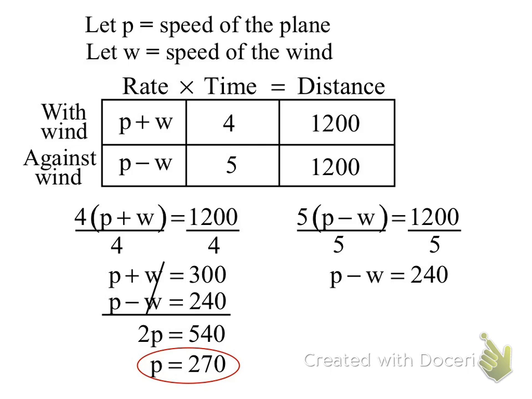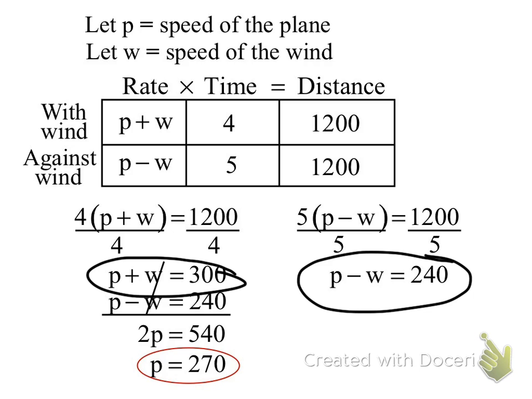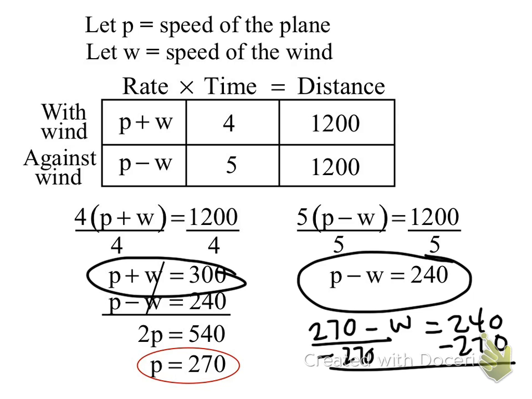Can I just use this equation here, or this equation here, because it should be equivalent. So if I substitute in for R, 270 minus W equals 240. Then I'm subtracting 270. I'm left with negative W equals negative 30. So W equals 30. What does that mean? Carlos? Yeah, the wind is 30.